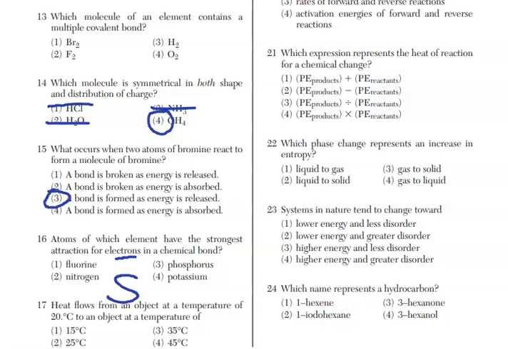Now, you might remember from class, your teacher saying fluorine is the most electronegative element that we have on the periodic table, and that is a fact, and that is our answer. But if you don't know, you're going to go to reference table S, you're going to find these four elements, look up the electronegativity values, and then figure out which one is the highest.